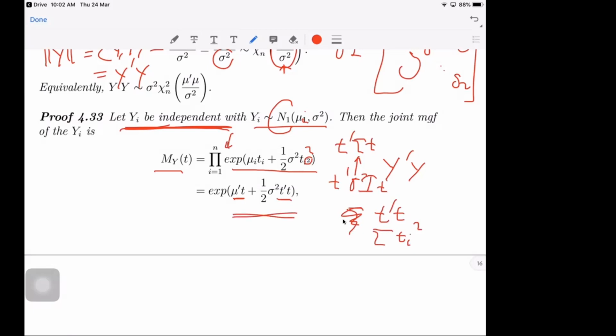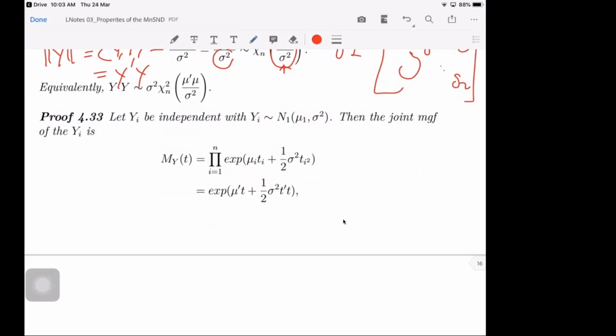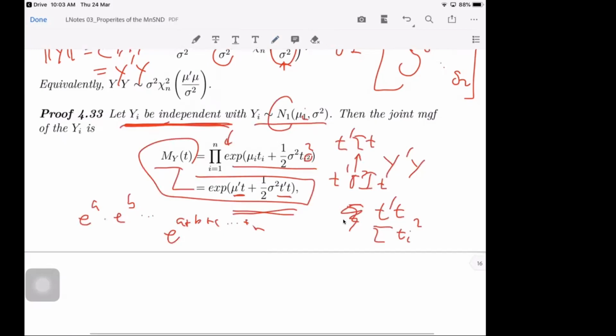It is like e to the a times e to the b, and so on up to n, which becomes e to the a plus b plus c, up to n terms. Okay? So this is actually the moment generating function for a normal random variable.